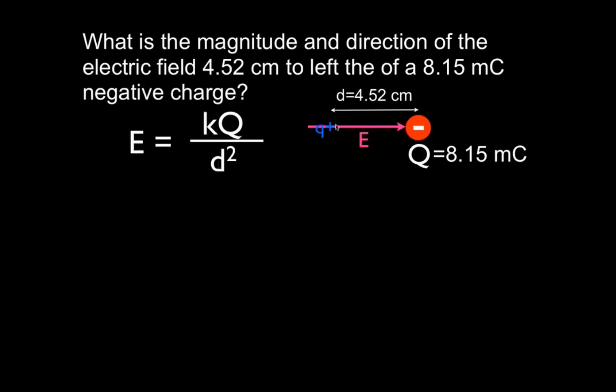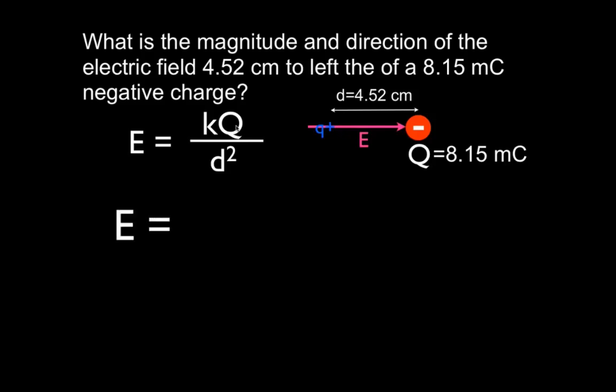And the distance away is 4.52 centimeters. You'll notice this equation for the electric field only has one charge in it because every single charge has its own electric field. You don't need two charges to have an electric field. You need two charges to have an electric force, Coulomb's law, but you only need one charge to have a field.